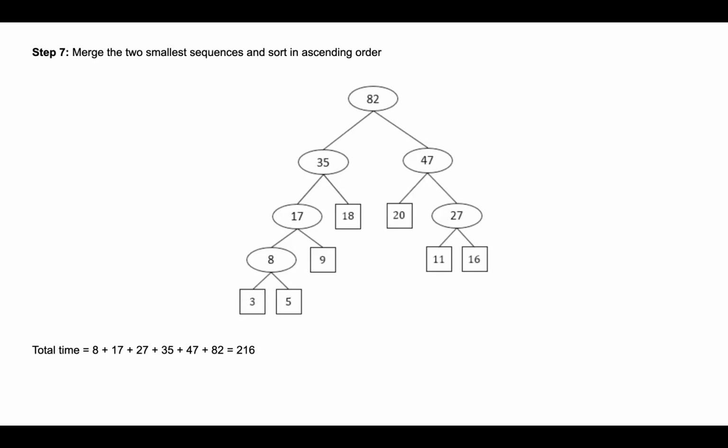Okay, it is the optimal merge pattern. What we have to do there is minimize the time or minimize the comparisons. Okay, so what we do, we sort the list, arranging them in ascending order, and add the two smallest sequences.